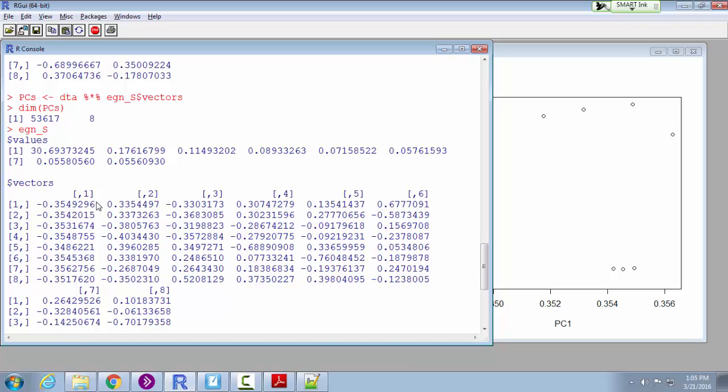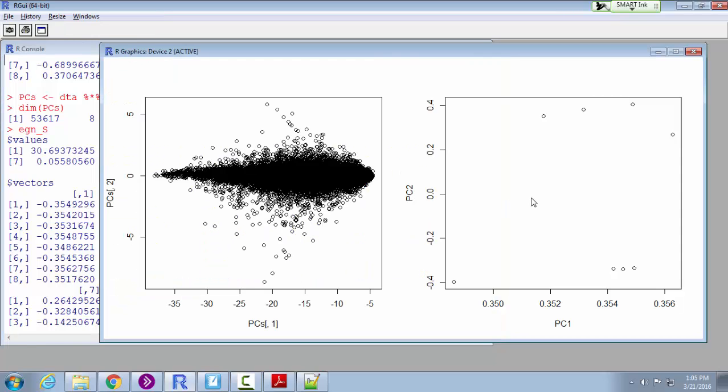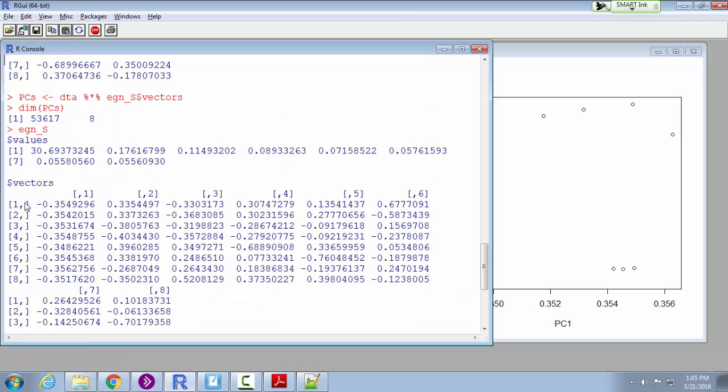First one is at x equal that, y equal that. So these are just the numbers, the coefficients that go into creating the principal components. They are not the principal components themselves. A principal component, think of it as a new variable. In our case, we're treating columns as the variables. So a variable is going to have 54,000 numbers in it.